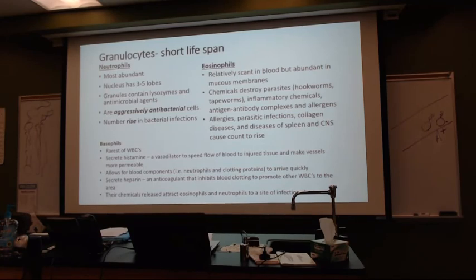Other white blood cells can begin to rush to the area. Clotting factors rush to the area. All these things rush in. Also, they can secrete heparin. Ever heard of that?